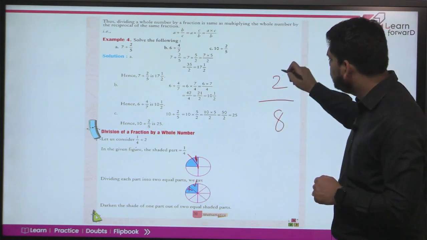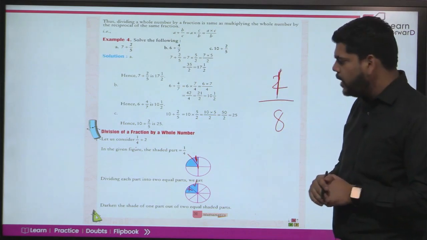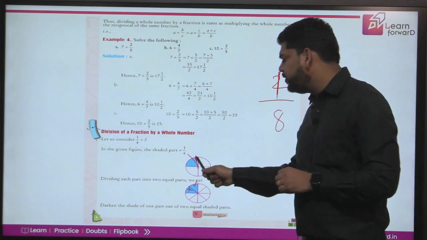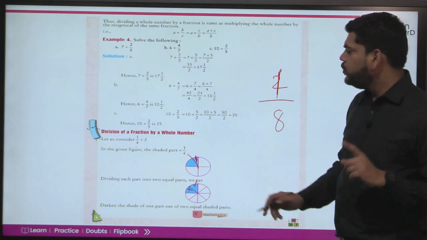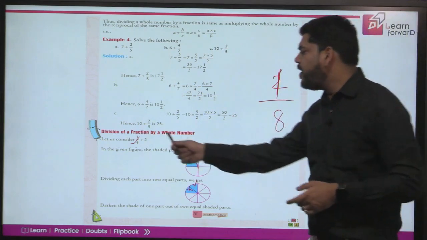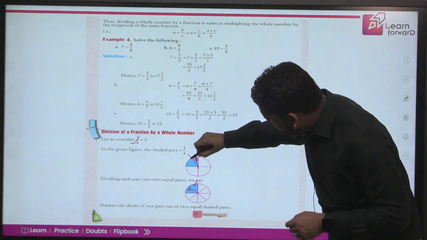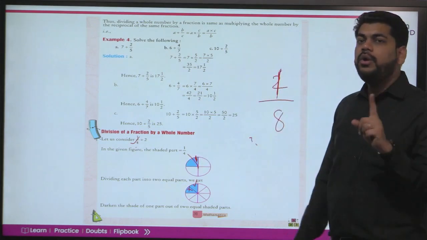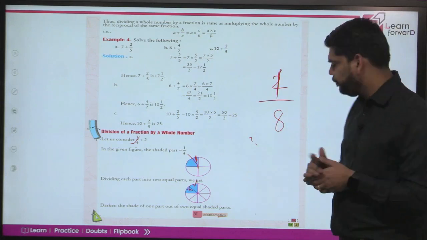Only 1. This is not 2, this is 1. Fine, because out of these 4 pieces, in the first case you will be getting only 1, so the fraction is 1 by 4. Now you need to divide it into two parts, and you will be getting only 1 out of it. So the answer will be 1 by 8.